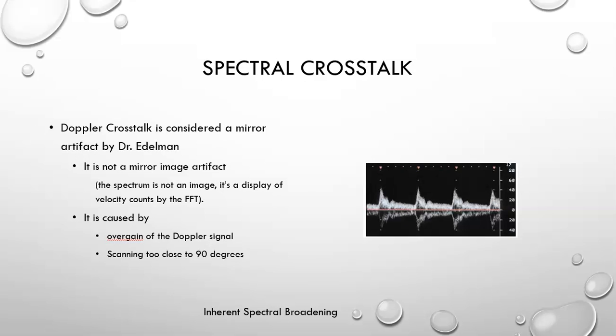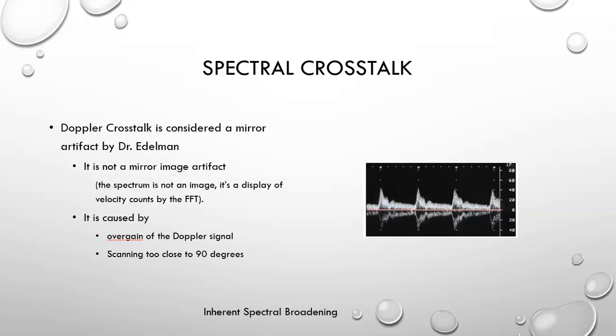Spectral crosstalk is a unique type of artifact. Dr. Edelman calls it a mirror imaging artifact. He's the only person on earth that calls it a mirror imaging artifact, and it's not, because the spectrum is not an image, it's a display of velocity that's computed using the fast Fourier transformation.